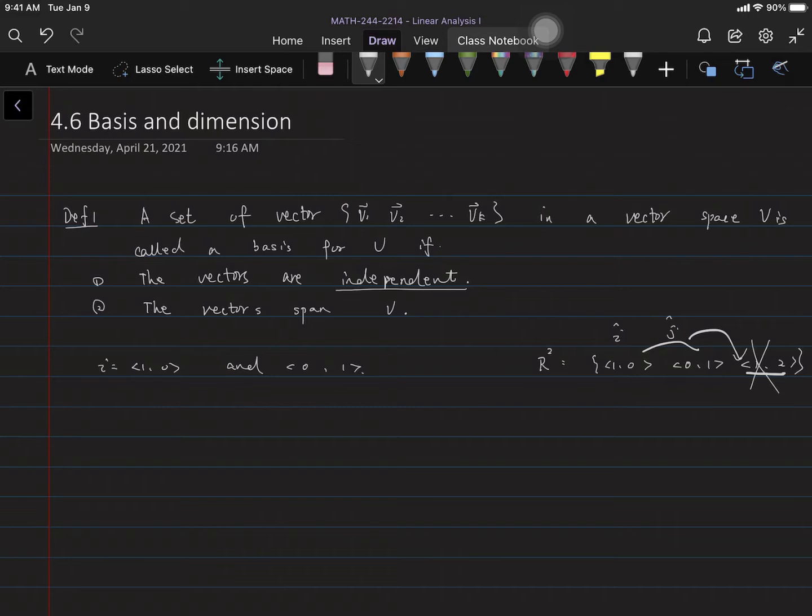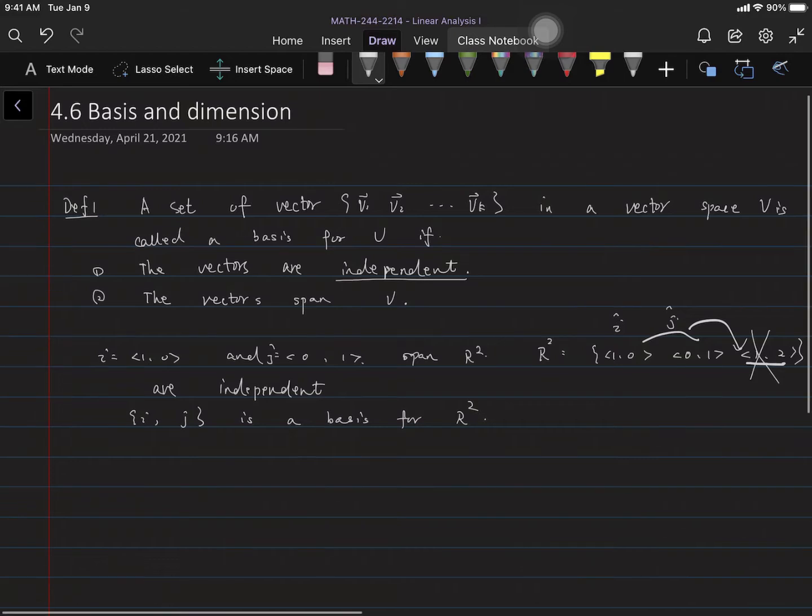This is i, this is j. They span R2 and they are independent. So we can just say i and j is a basis for R2. Okay, that's the meaning of basis.